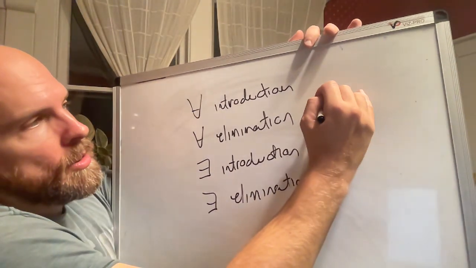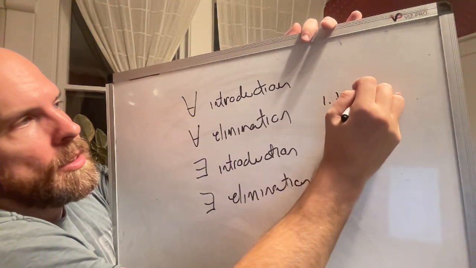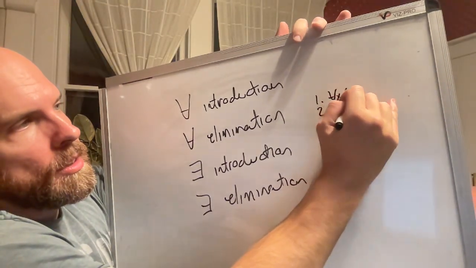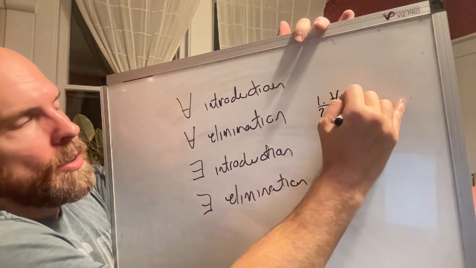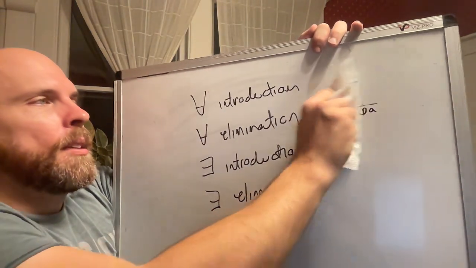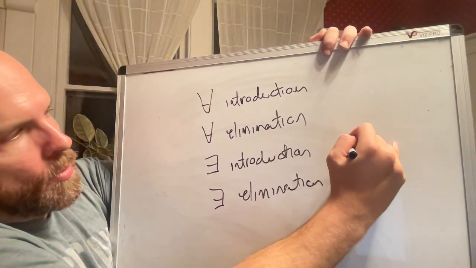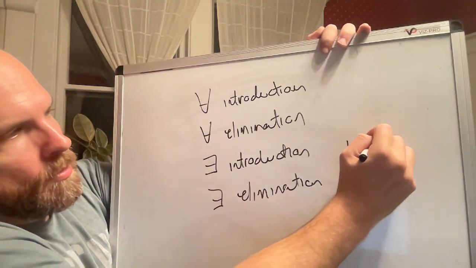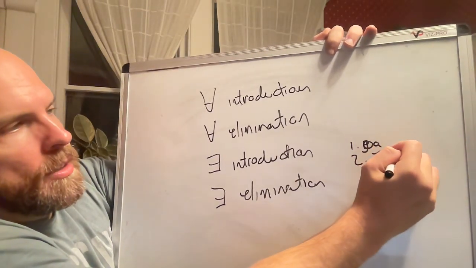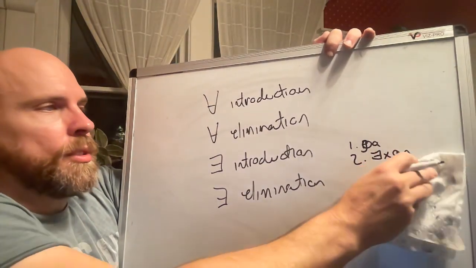Universal elimination: if you have a universal for anything, I'll just use phi x there, you can instantiate it to whatever you want, A, B, C. On the other hand, if you have something of the form phi A, you can infer something is phi A. There's the introduction.